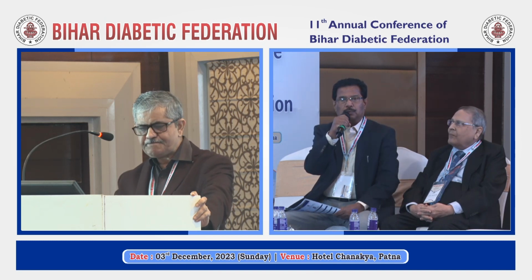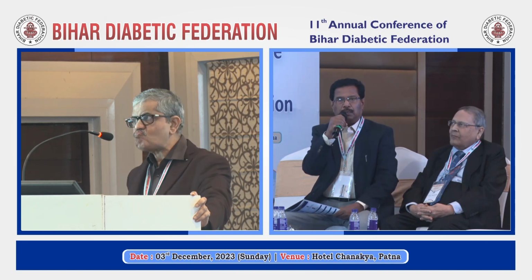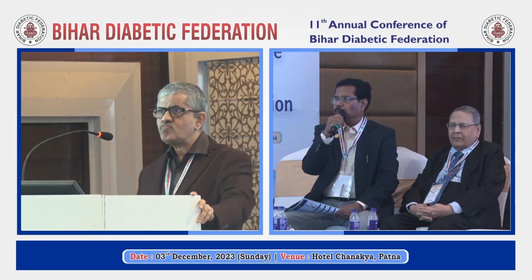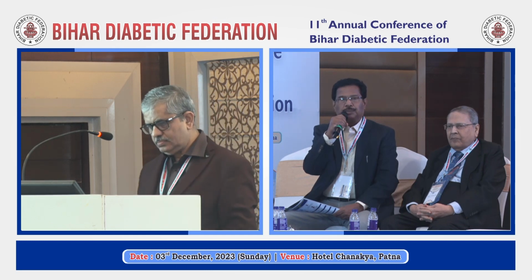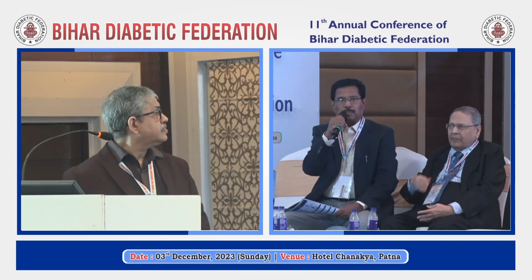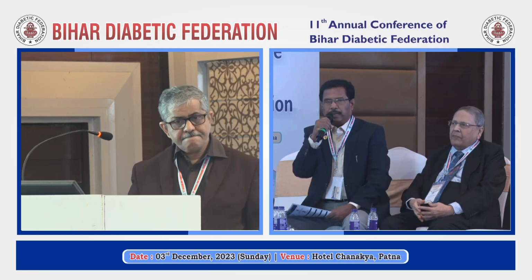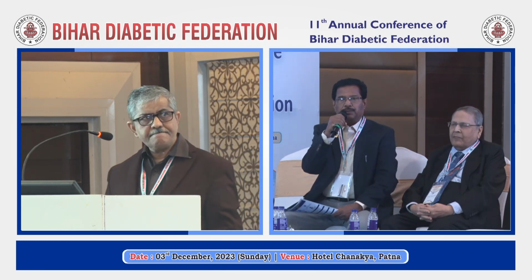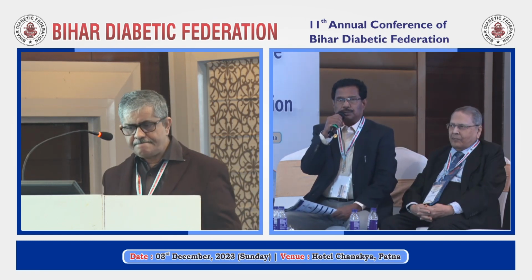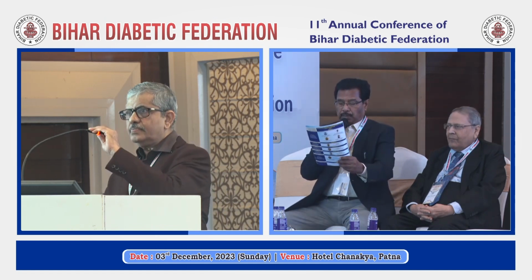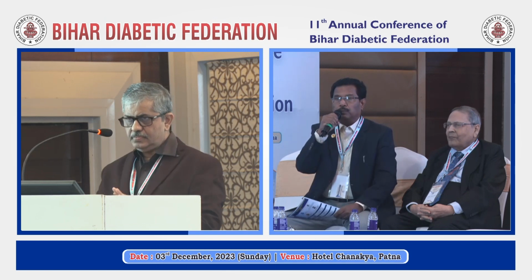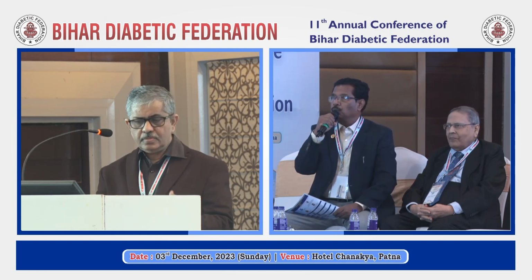All of us know that 1 in 10 adults in India are diabetic, and 2/3 of diabetics are obese. So to highlight all these things, I invite Dr. Santosh Kumar Singh, precision medicine in diabetes, obesity, and metabolic syndrome. Over to sir.